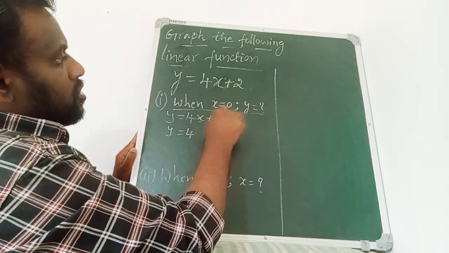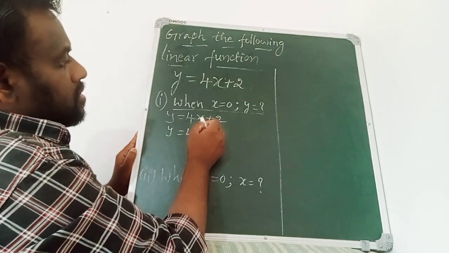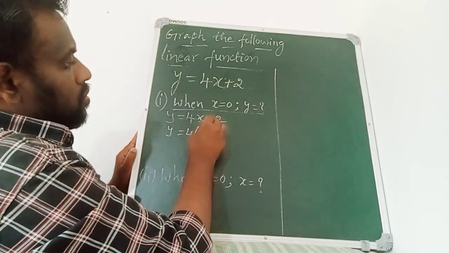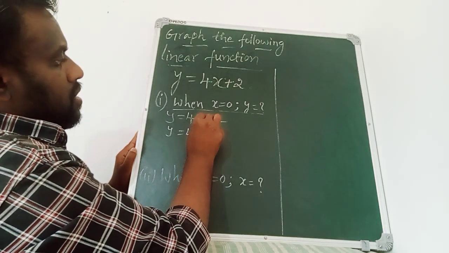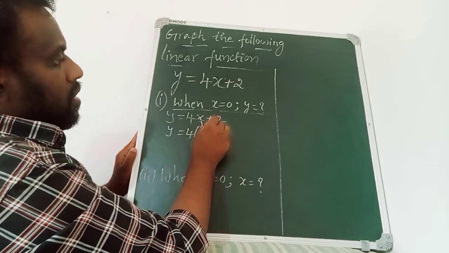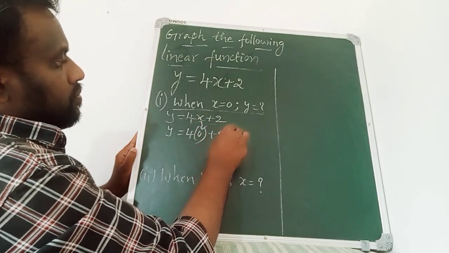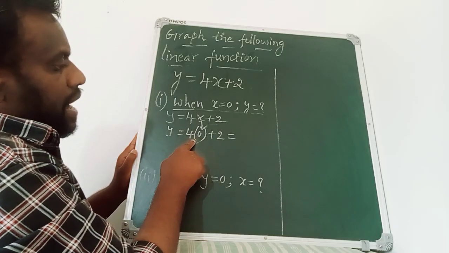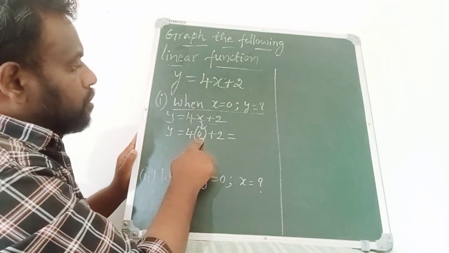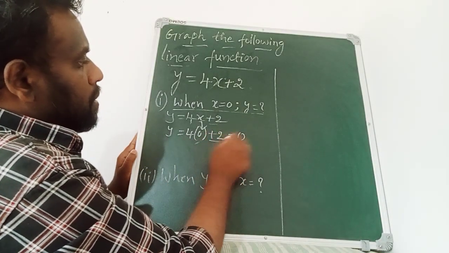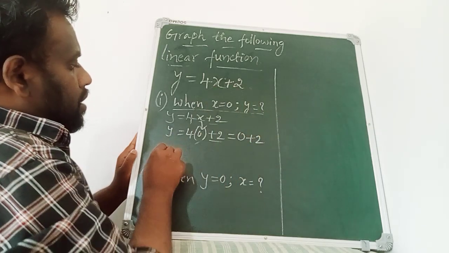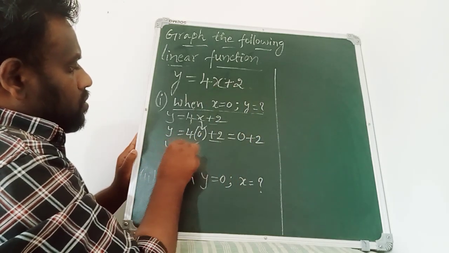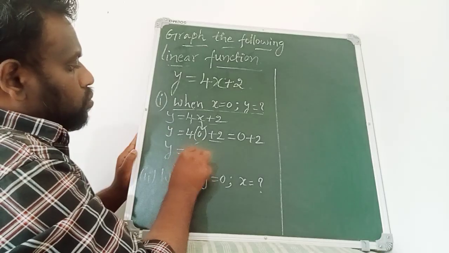So in place of x I am going to substitute 0. Put bracket. Next this plus 2 as it is. Here 4 into 0, the bracket means it's like into. So 4 into 0, 0 plus 2. Next step, y is equal to 0 plus 2, 2.